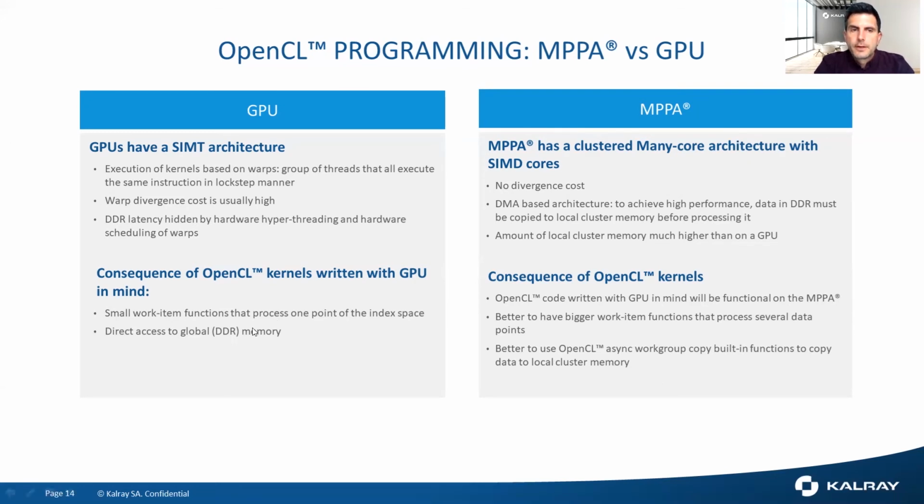This is not the case of most code you will find for GPUs. So in the case of MPPA, there is some rework of the kernels that is needed to get the best performance possible, but still staying within the OpenCL standard way of programming.